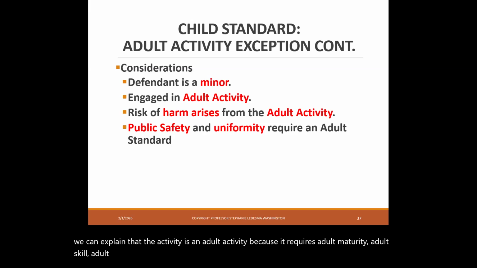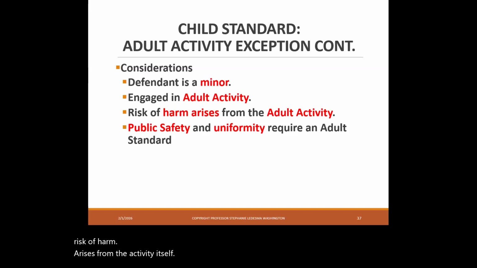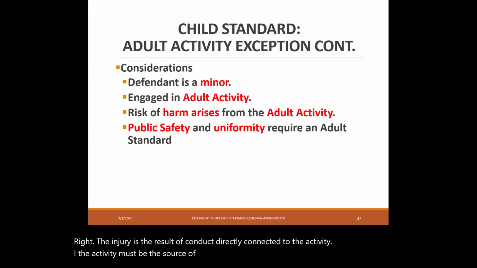We look at the risk of harm and we have to ensure that the risk of harm arises from the activity itself, right? The injury is the result of conduct directly connected to the activity. The activity must be the source of the risk. And then we have to take into consideration public safety.